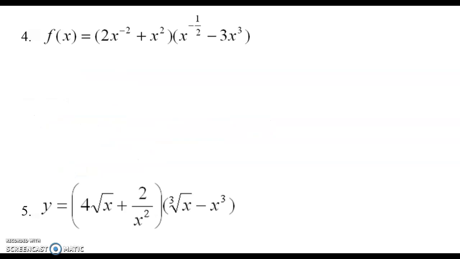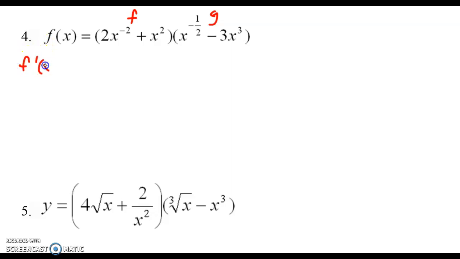Okay, number 4, you can see it's got 2 factors being multiplied together. We're just moving up in the difficulty level because we've got negative exponents, we've got fractions as exponents, etc. So we still have our first factor, we're calling that f, and our second factor, we're calling that g, and we're looking to find the derivative of f of x.